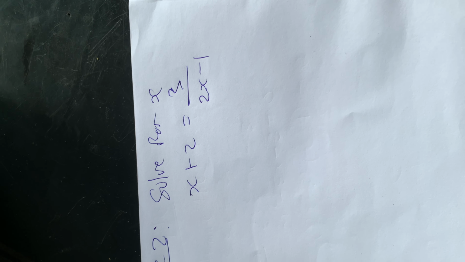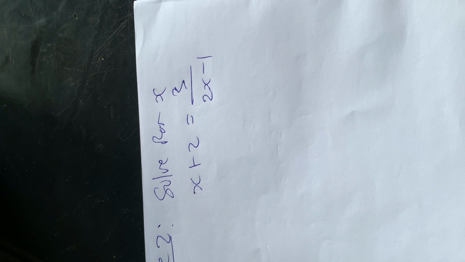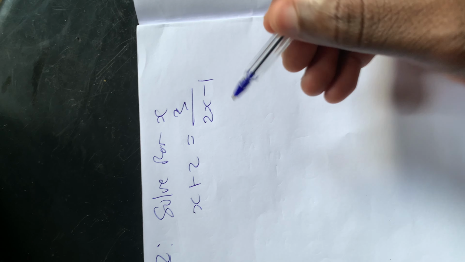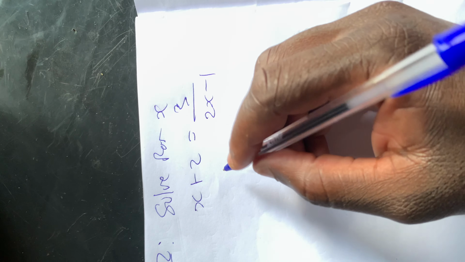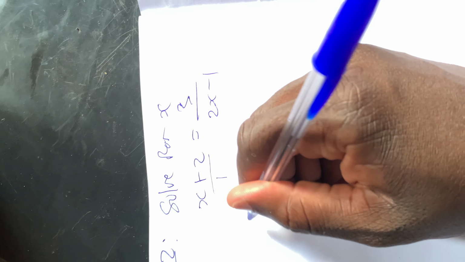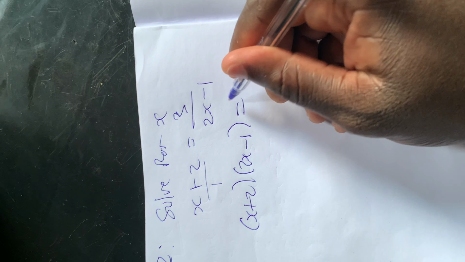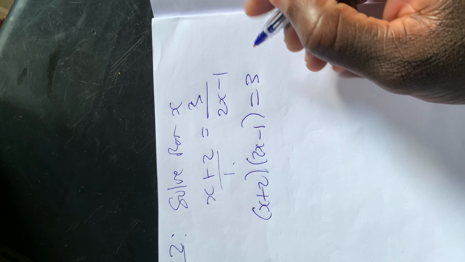To do this kind of problem, we need to simplify in order to write it in a standard form. We will do cross multiplication. This is over 1. We will have x plus 2 times 2x minus 1 equals 3 times 1, which is just 3.